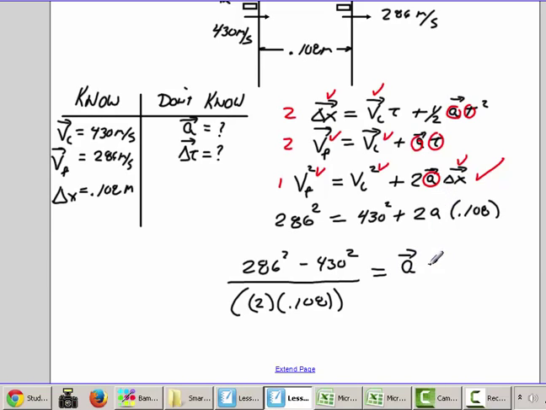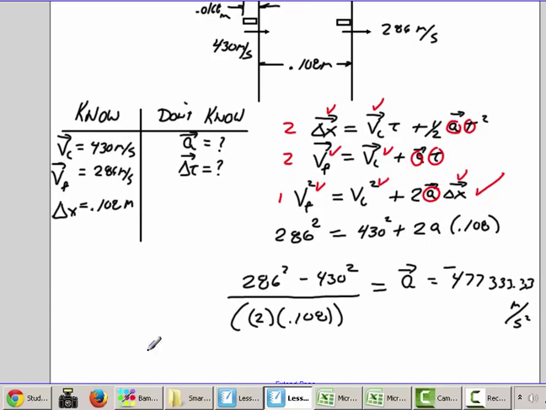All right, we'll run those values real quick. That gives me a really big number of negative 477,333.33, and that's going to be in meters per second squared.